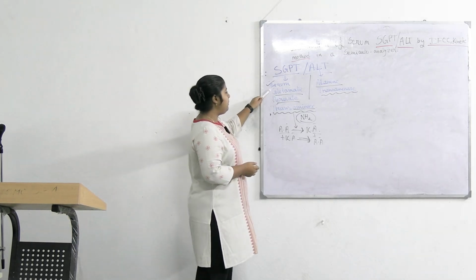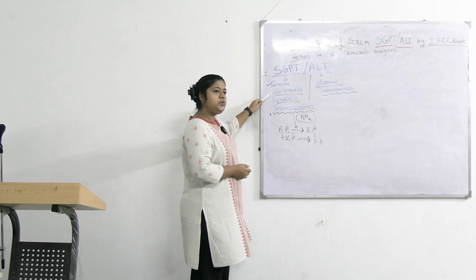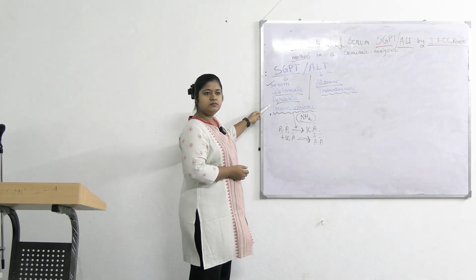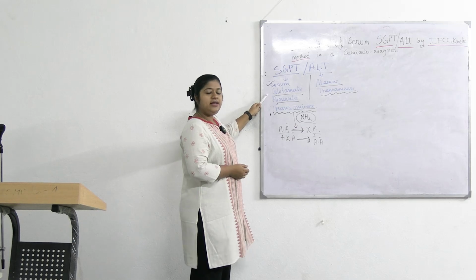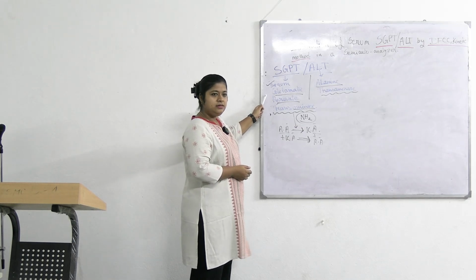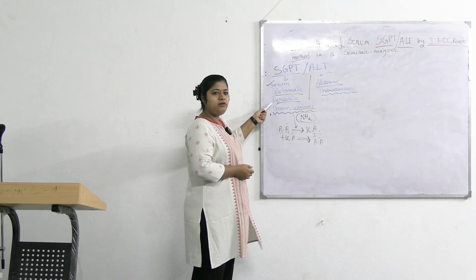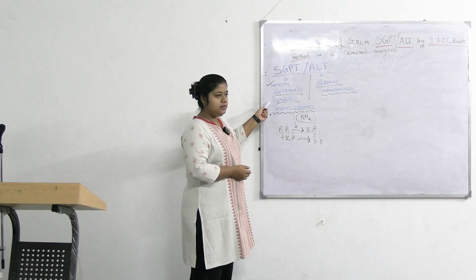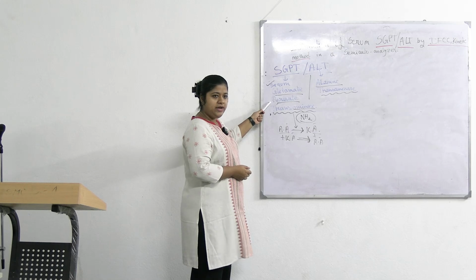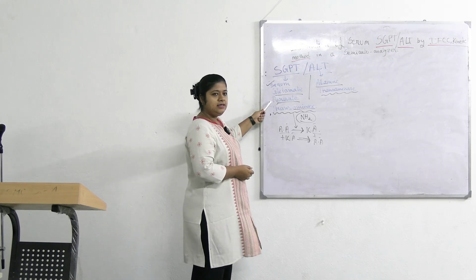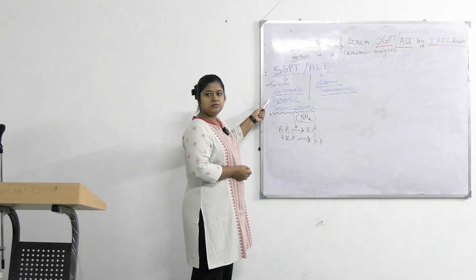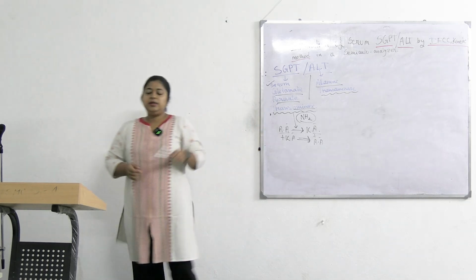So here glutamate and pyruvate, which one is amino acid, which one is keto acid? Glutamate is an amino acid, glutamic acid, whereas pyruvate is pyruvic acid, nothing but a keto acid. So from glutamate to pyruvate, the amino group is transferred and it forms, what will be formed?